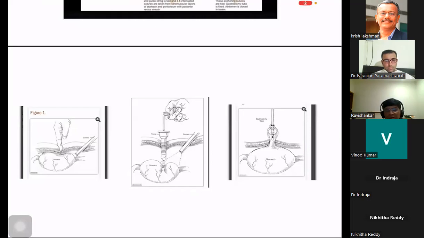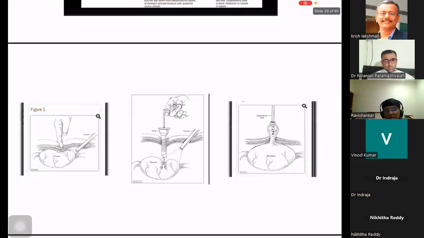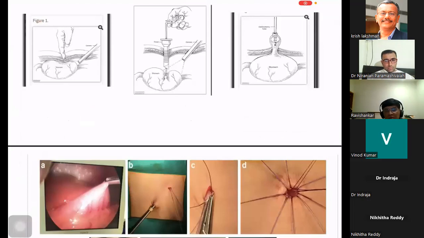With the help of the Stamm technique or Janeway technique, we insert the tube, strengthen it, and fix it to the anterior abdominal wall.